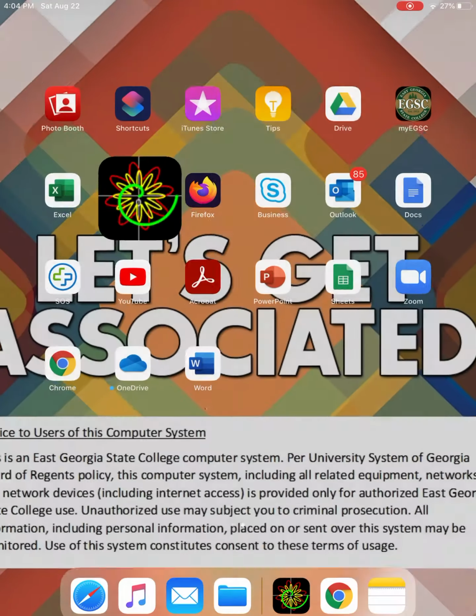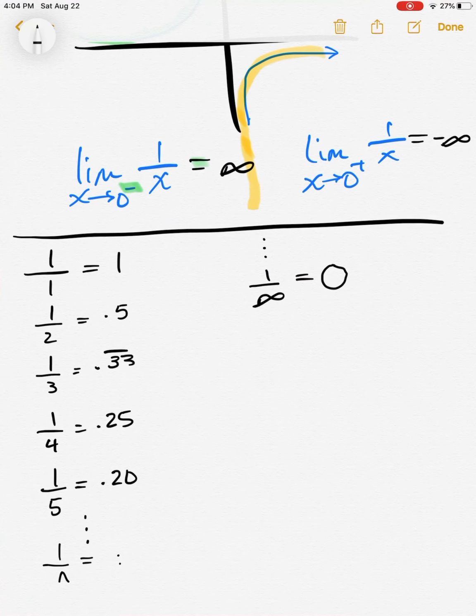I'm showing all this information strictly because I want you to see that whenever you have the limit of a function as x approaches infinity and you have x in your denominator, that is going to approach 0.